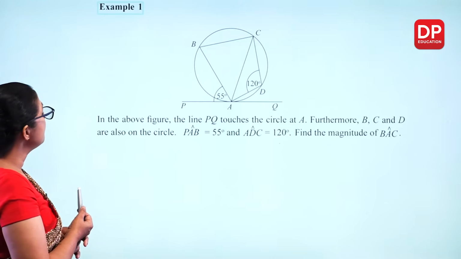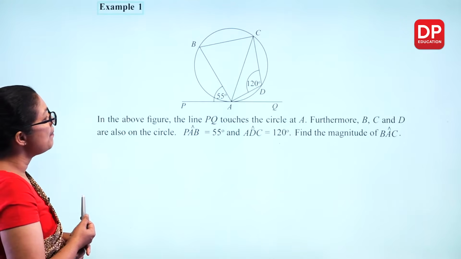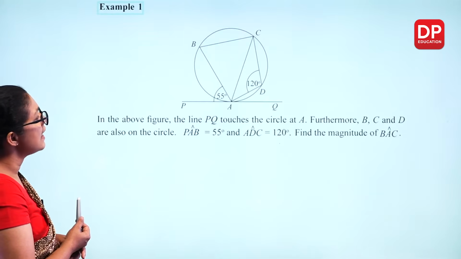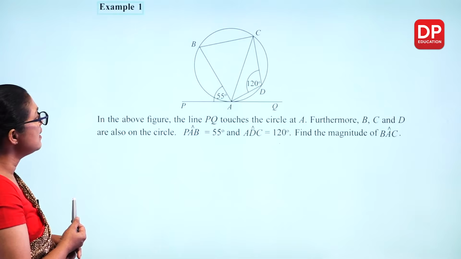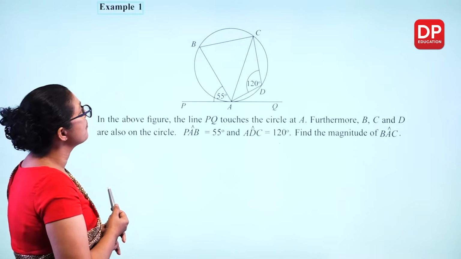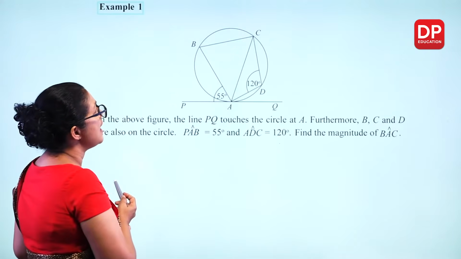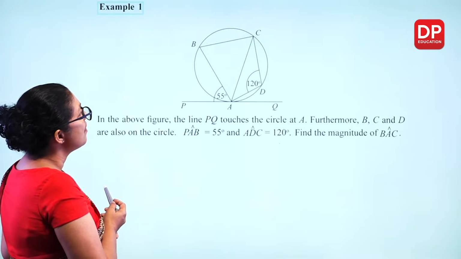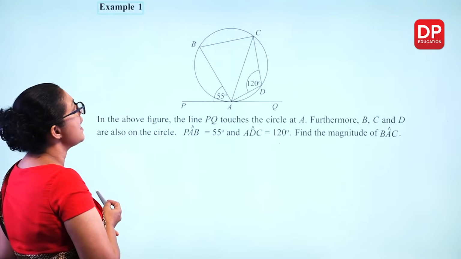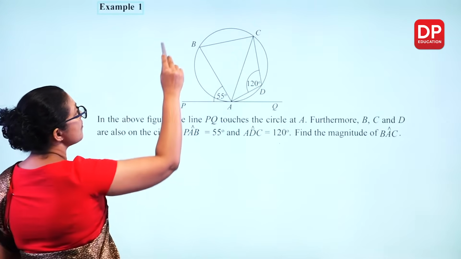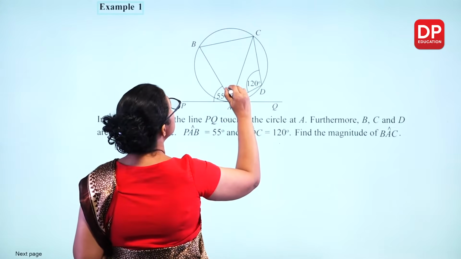Example number 1. In the above figure, the line PQ touches the circle at A. Furthermore, B, C and D are also on the circle. PAB is 55 and ADC is 120. Find the magnitude of BAC. BAC, this angle.